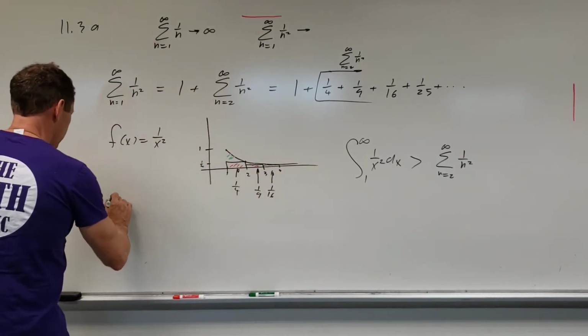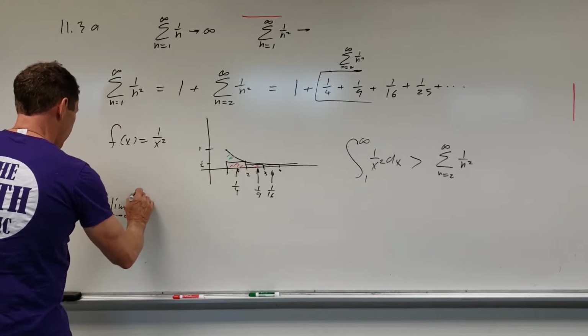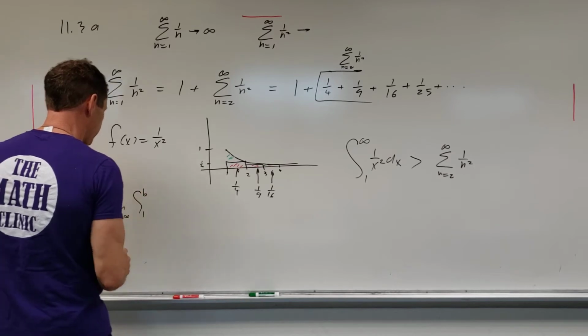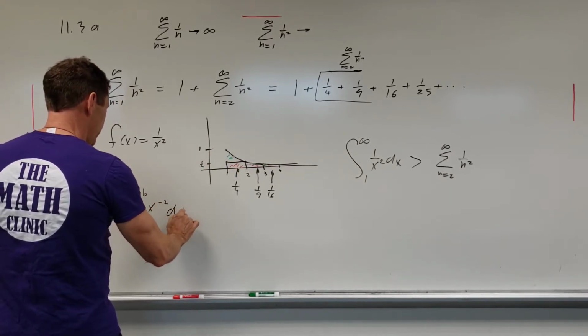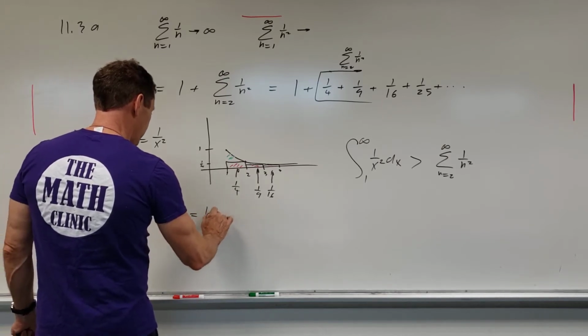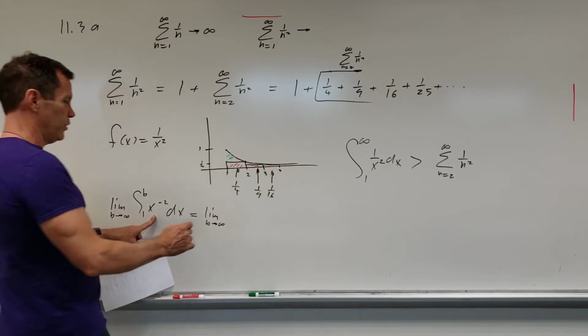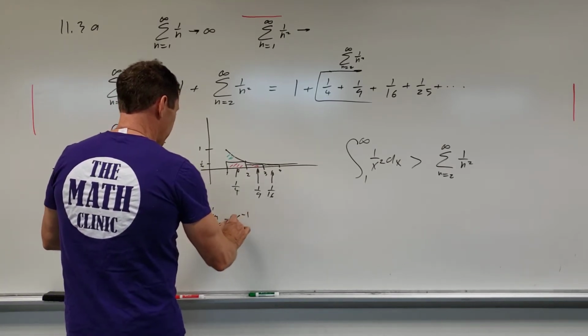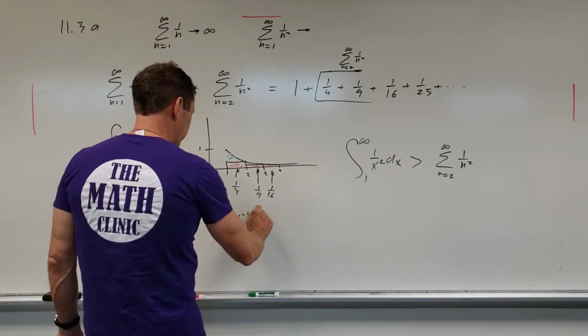So that's going to be the limit as b goes to infinity of the integral from 1 to b. I'm going to write that as x to the minus 2 dx. So this equals the limit as b goes to infinity. Okay, you're going to add 1 to the exponent, so you're going to have x to the minus 1 and a minus here, the two minuses will die after that from the minus 2, so that's the correct integral.